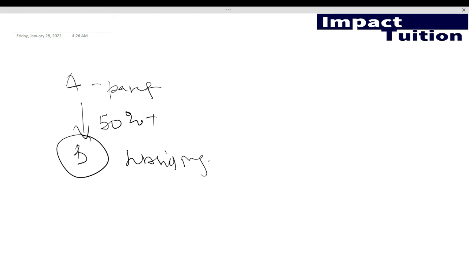So in this case, A should prepare consolidated financial statements.